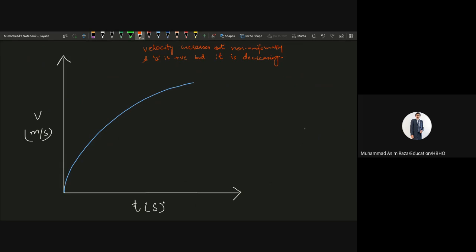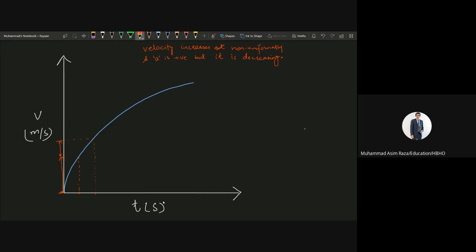For example, let's say this is the first second. In the first second, it has covered this much part of the curve, and in a similar time, you can see that it will just cover this much part of the graph. So velocity increases non-uniformly, but A is positive and it is decreasing as well.